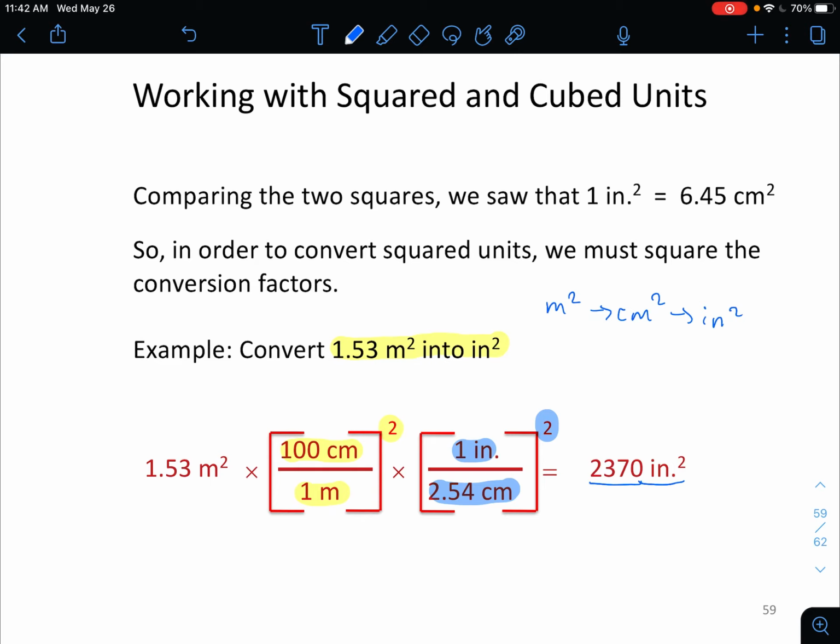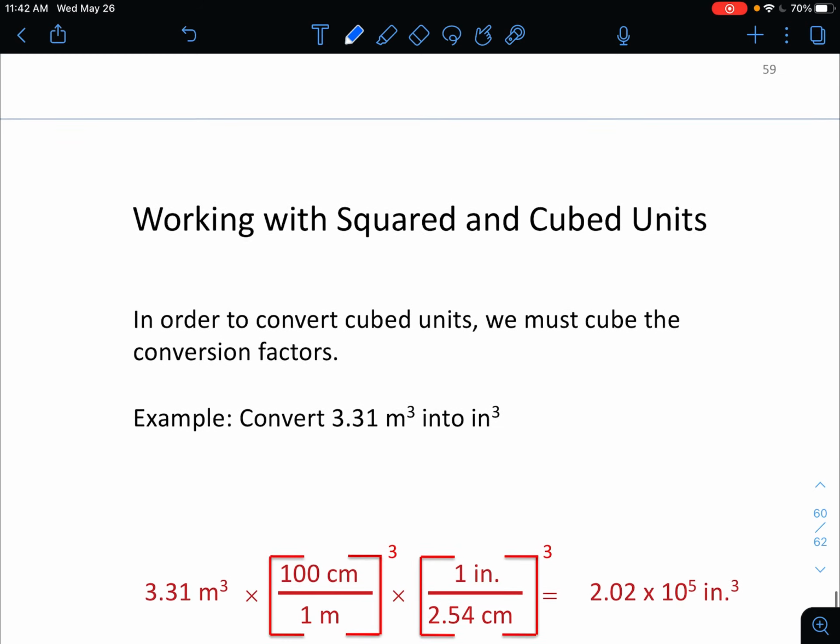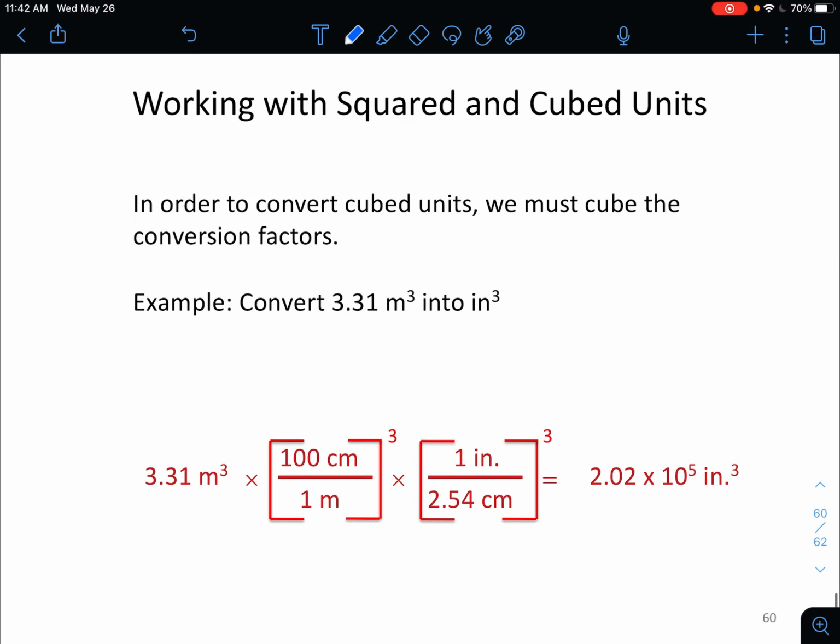Okay, one more of these, then we'll combine together squared and cubed unit stuff with compound units. If I were doing this for a cubed value instead, not a whole lot would change. I would just cube the conversion factor instead of squaring it. So in this case, going from meters cubed to centimeters cubed to inches cubed, I have to cube the conversion factor in each case.